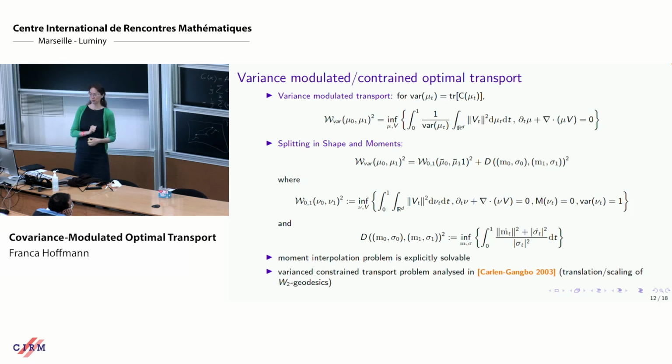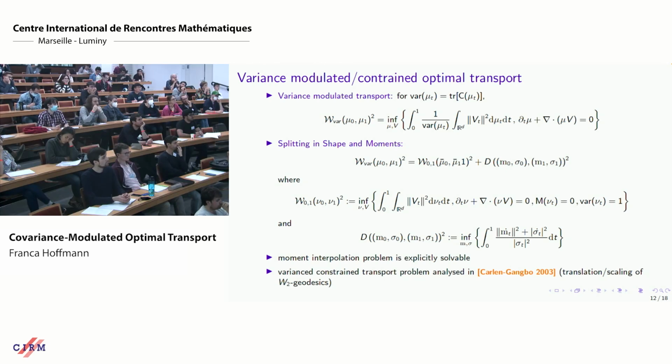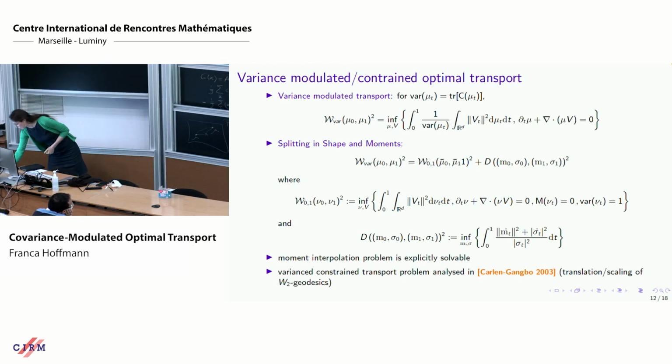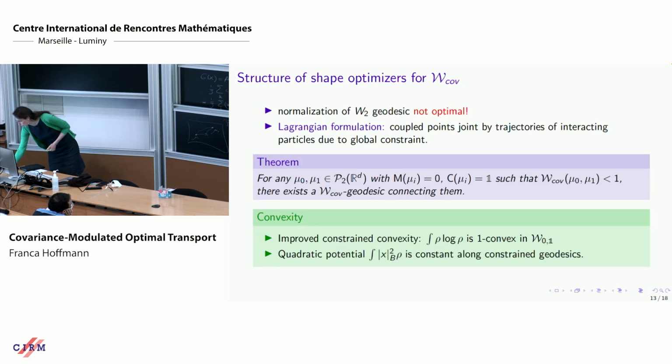Unfortunately, this is not true for the covariance-modulated distance. In fact, we constructed some examples where clearly the rescaled and renormalized Wasserstein geodesics are not optimal for the covariance-modulated one. Okay, so that's what I just said up there, the first point.